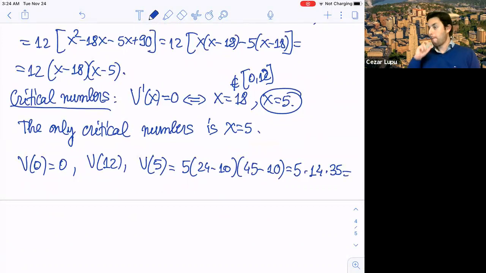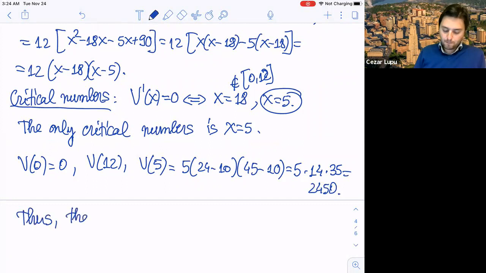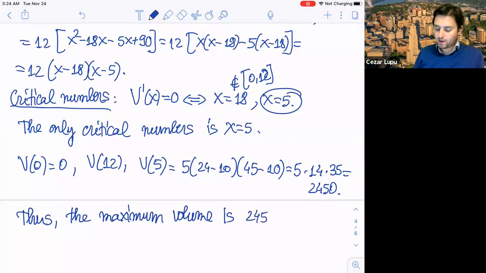Which is, let me look, 2,450. So the maximum volume is 2,450 inches cubed.